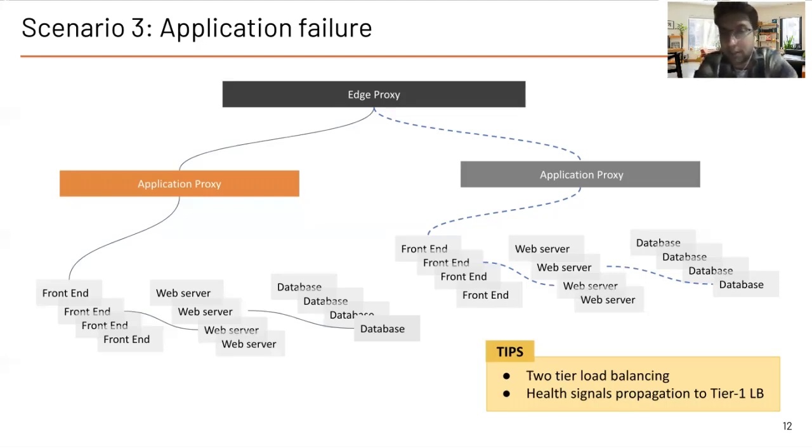Now it's easy to draw on this diagram, but not easy for everyone to achieve the setup such that health signals are propagating to the edge proxy, it is making the right decisions, and you are load balancing in the correct way.